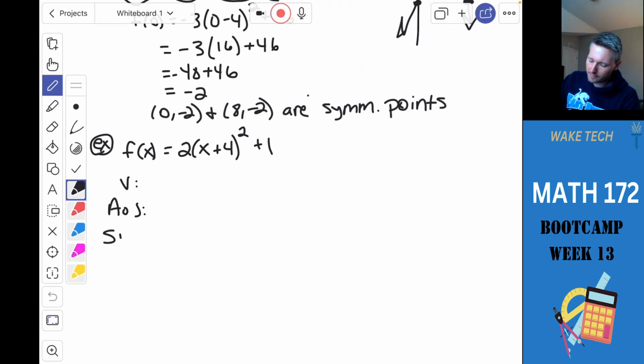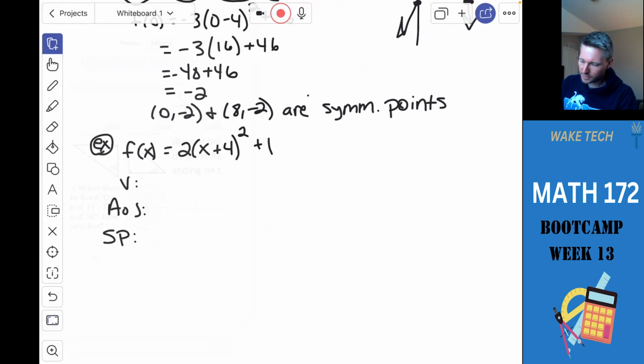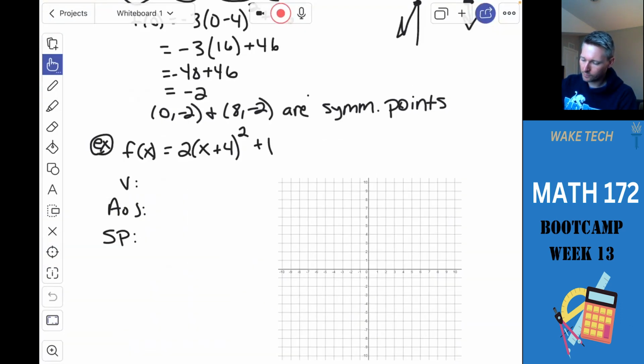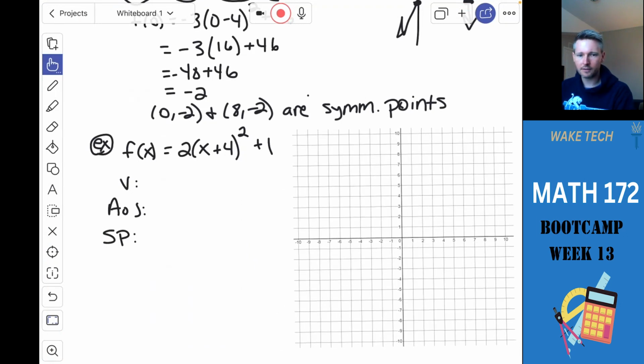And then a pair of symmetric points. You don't have to use 0. I will be using an x value of 0 for all of mine. You don't have to use that necessarily, but any pair of symmetric points will work. So see what you can do for those things. We'll chat about all of them in a minute or so and create the graph together.